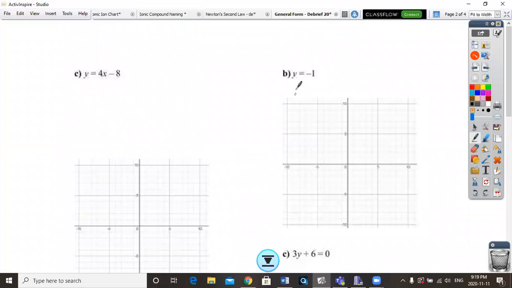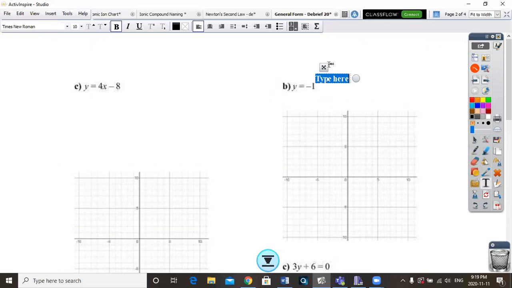Part B, y equals 1. We know this is the horizontal line. So it won't have an x-intercept, so the y-intercept, of course, will be 0, -1, because we take -1 and divide it by the a value, which is 1 in front of y, so -1. And there is no x-intercept because it is a horizontal line.